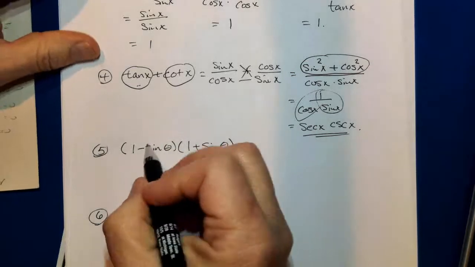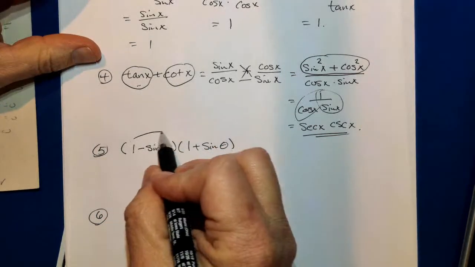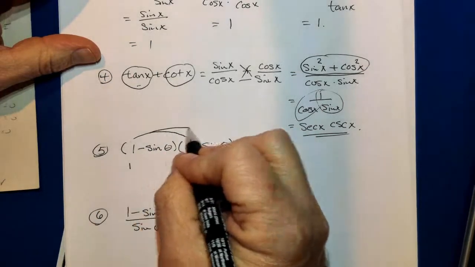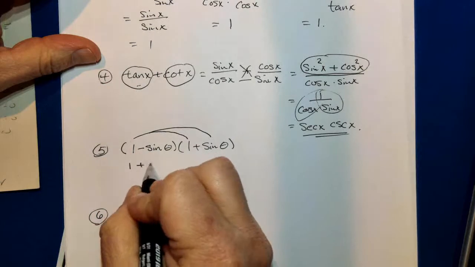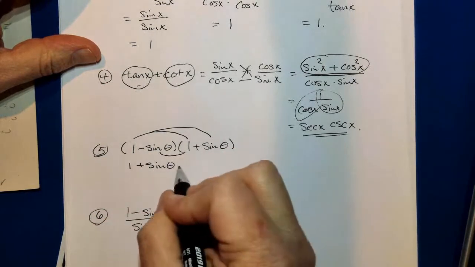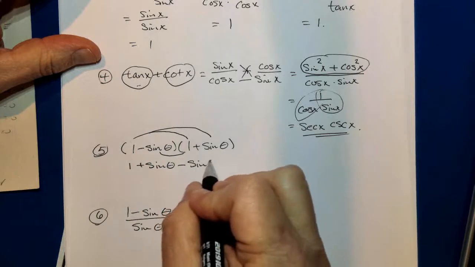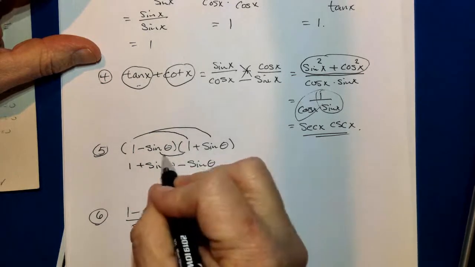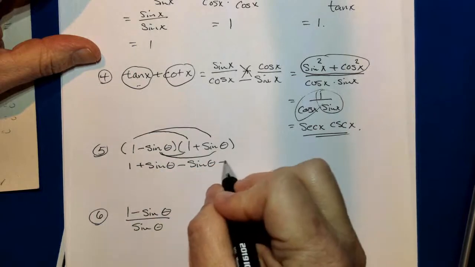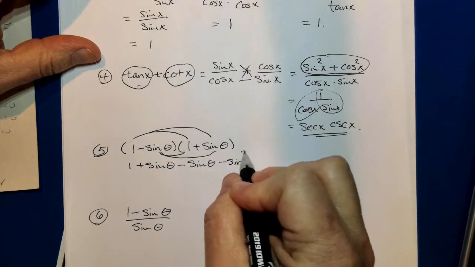All right. Here we go. So let's do a little distributive action. 1 times 1 is 1. And then we have 1 times sine theta is sine theta. Negative sine theta times 1 is negative sine theta. And negative sine theta times sine theta is negative sine squared theta.